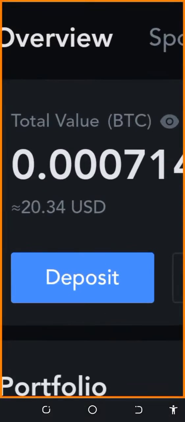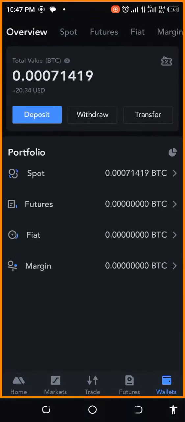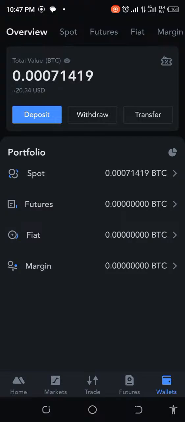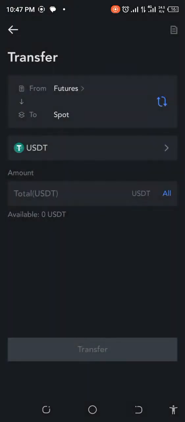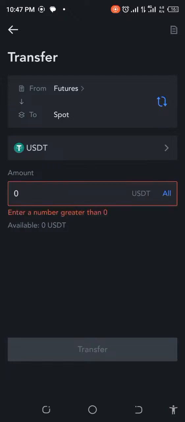As you can see here, 20.34 USD. So let's click on transfer so that we can make sure that we have it in our wallet. Is it already in spot? Okay, maybe I'm wrong. Let me check. Oh, sorry.